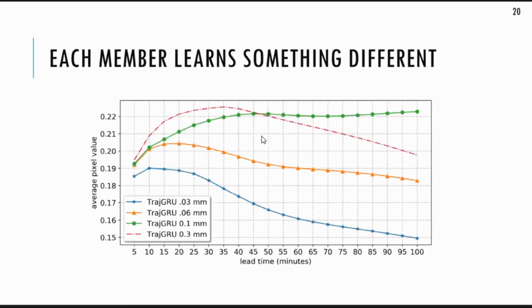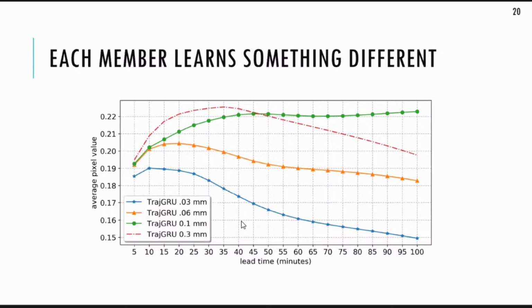Okay, so each of the ensemble members learns something different, and we can see this very nicely in this plot. We don't see any metric here, so the line plots don't tell us how good one of these ensemble members is. It just tells us that they all learn really different things.